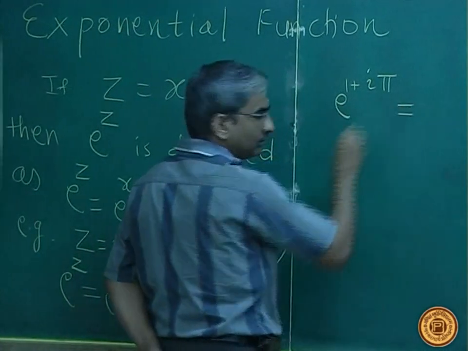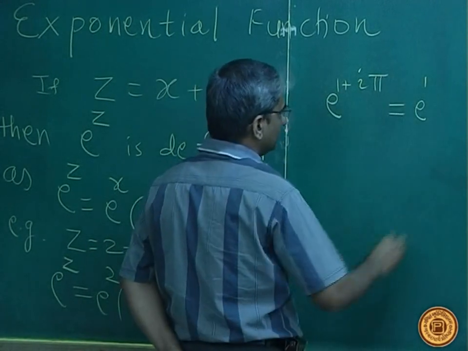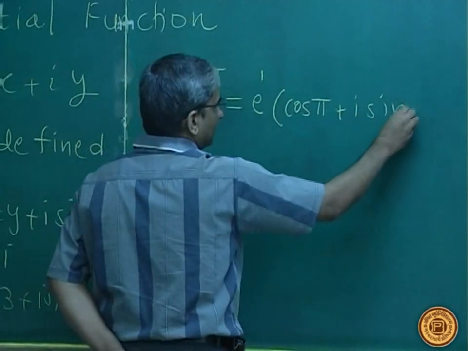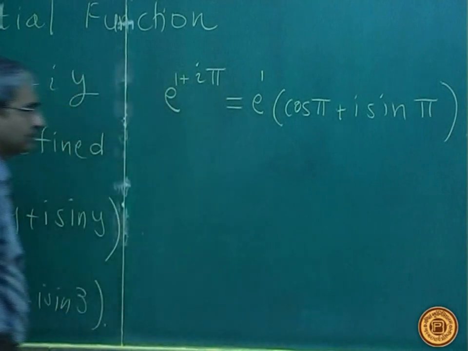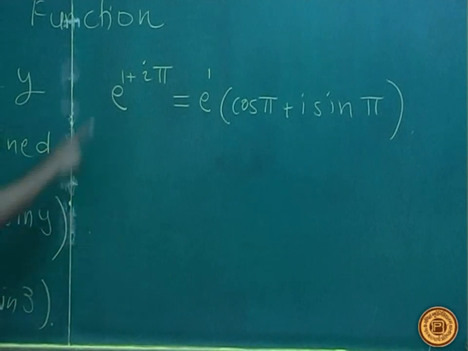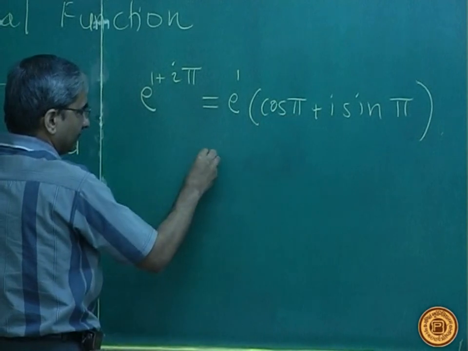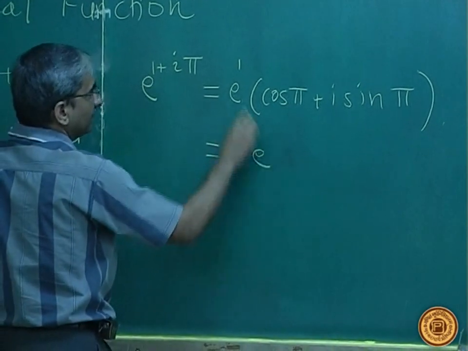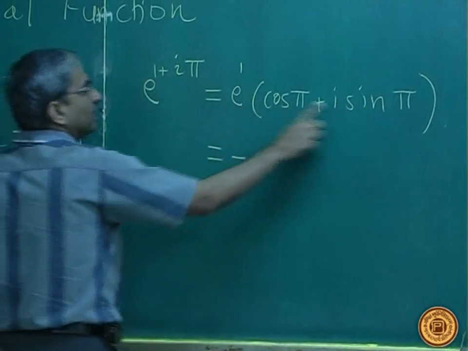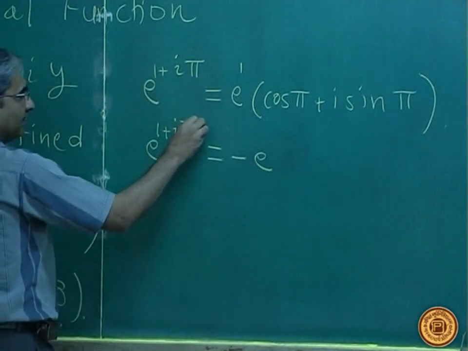So this will be equal to e to the power x, that is e to the power 1 into cos pi plus i sin pi. This x goes here, y goes here. Now cos pi is what? Minus 1. So it is minus e, and sin pi is 0. Cos pi is minus 1, sin pi is 0. So e to the power 1 plus i pi is equal to minus e.